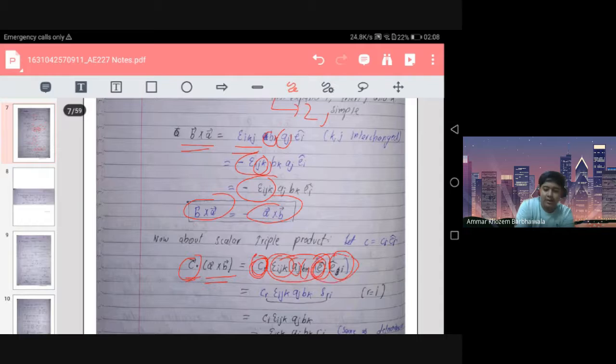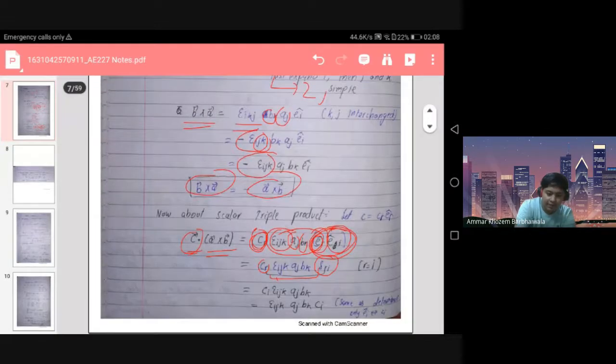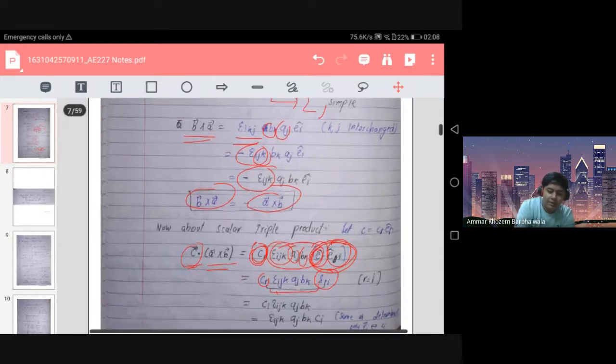Since we are taking the dot product of two basis vectors er and ei, this gives delta ir, and the rest, cr, epsilon ijk, aj, bk, are all constants. So in the end we have epsilon ijk aj bk ci.